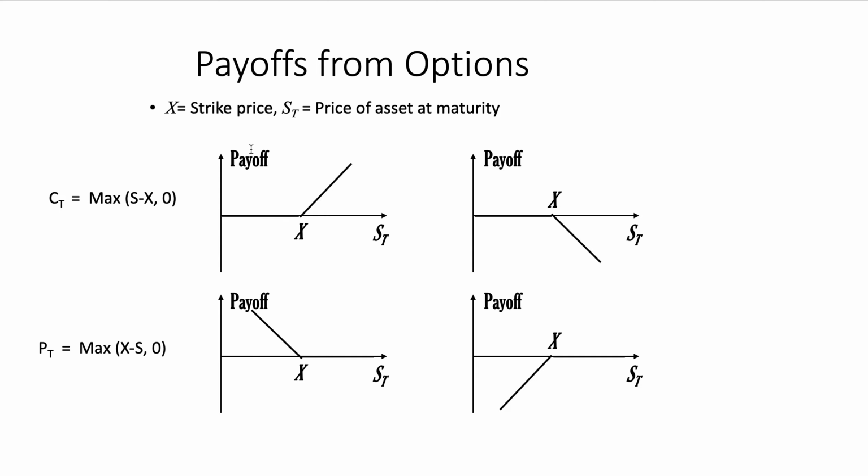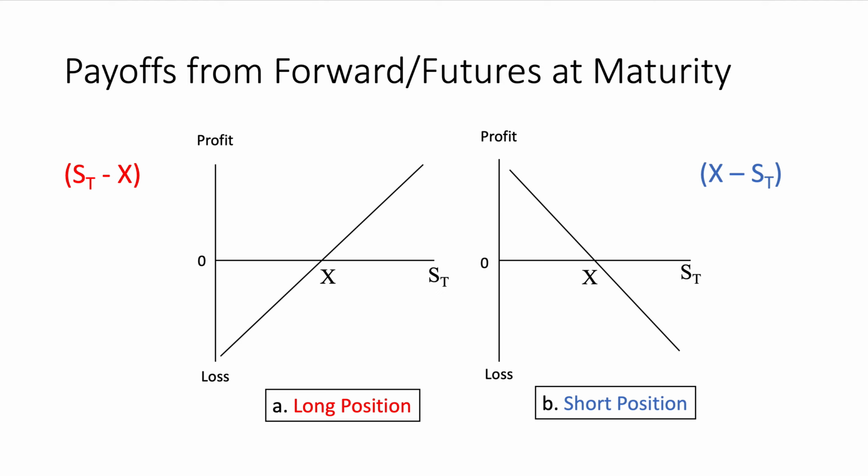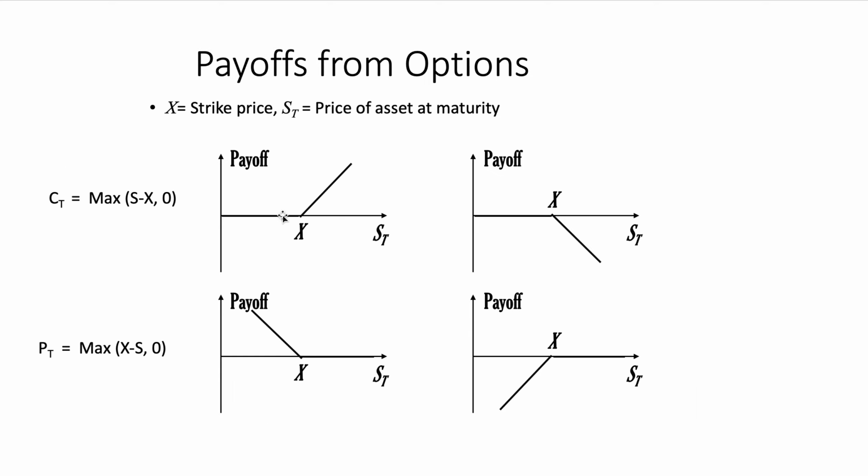So compare a call option with a forward contract. For the long position holder in a forward contract, you have the right but also the obligation, but with a long position in a call, you have the right, not the obligation. Who took the downside risk? The guy who sold it to you. See that? This is the short position.